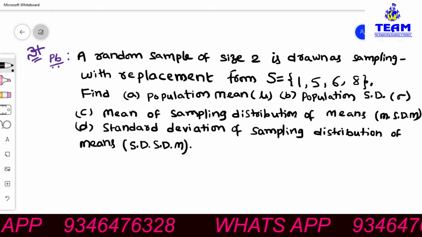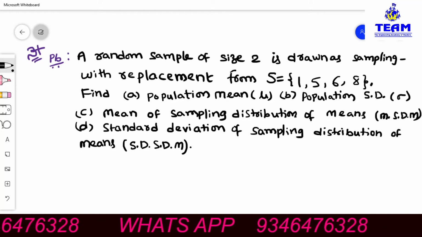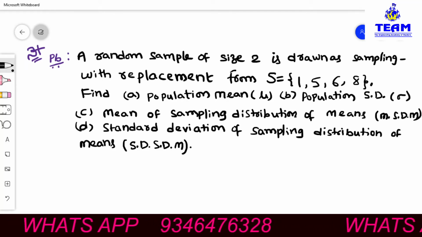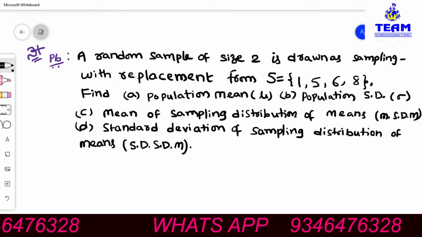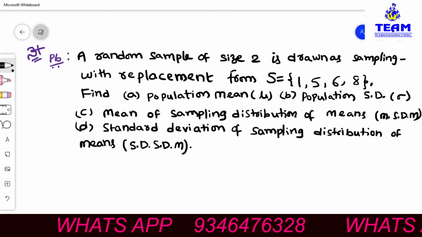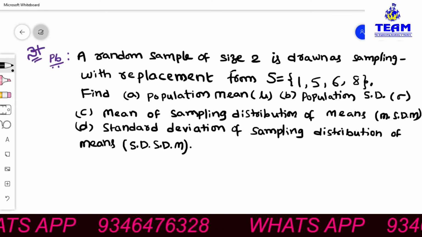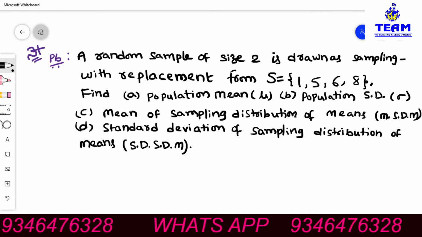Now the problem is a random sample of size 2 is drawn as sampling with replacement from the population S equals 1, 5, 6, 8.